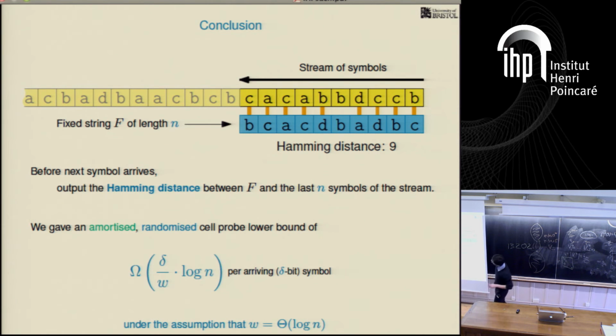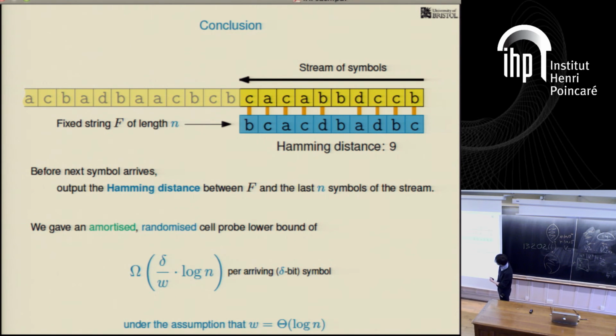So, right, what we've proven is that if you want to compute the Hamming distance in a stream, you have to do at least delta over W log n cell probes every time a delta bit symbol arrives.